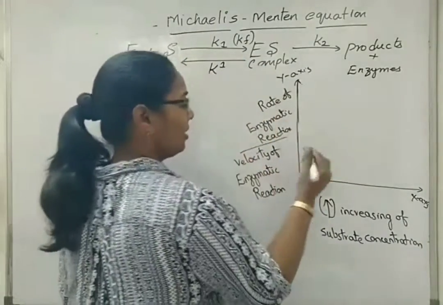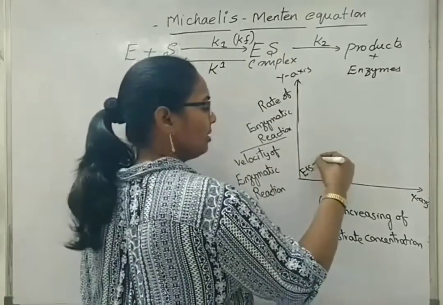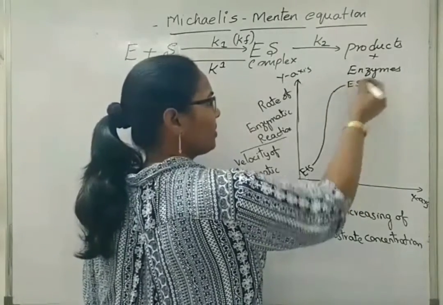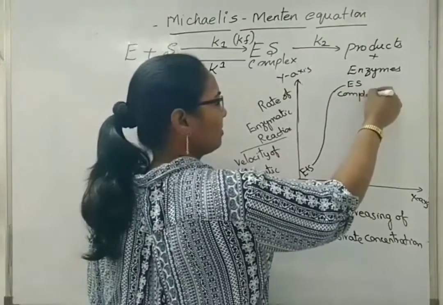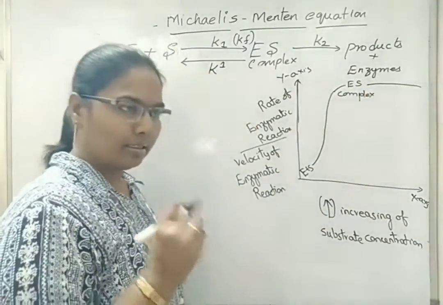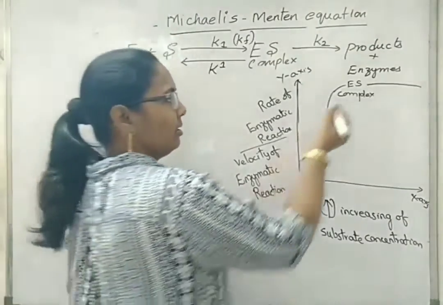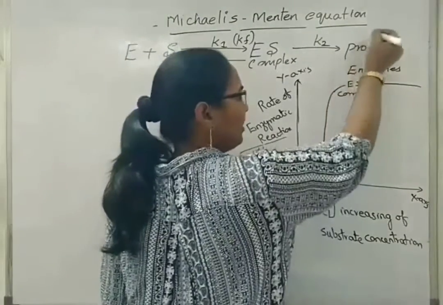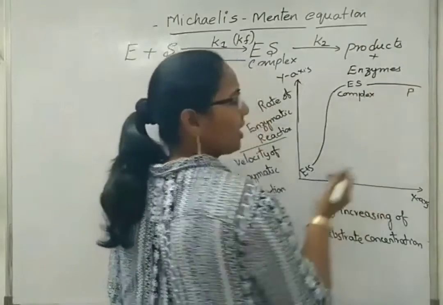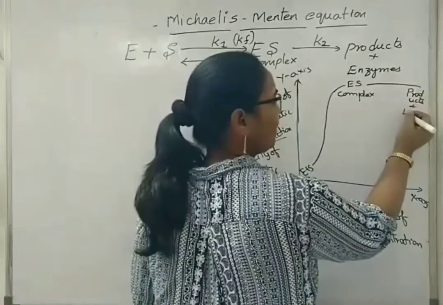So I can represent here enzyme plus substrate that have started initially. The reaction gets started, moves forward, and has reached one state of enzyme substrate complex. Later, though we add more substrates, since the active sites of the enzymes are not freely available, the reaction is not going to give us a linear graph going straight up, but it gives a steady state which gives products at the end, and the enzymes get separated.